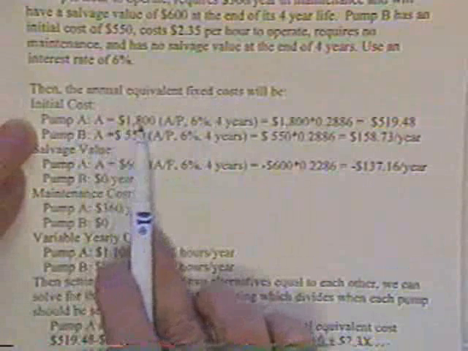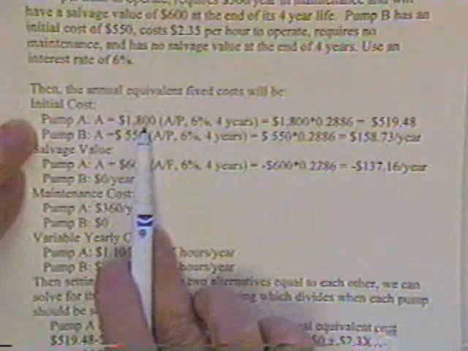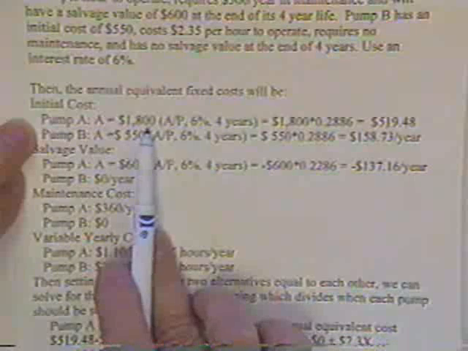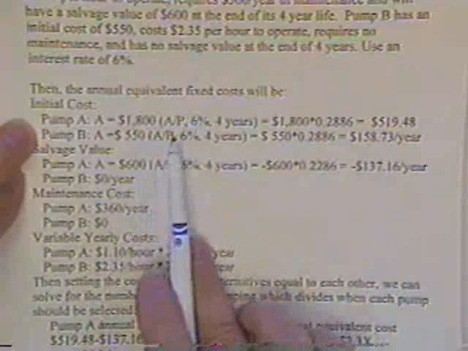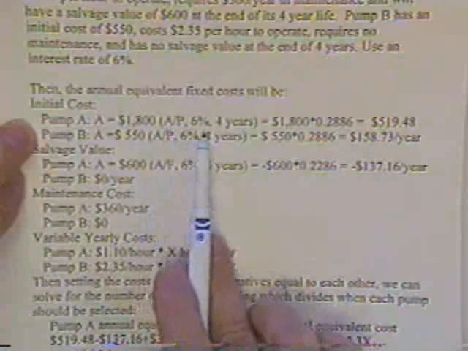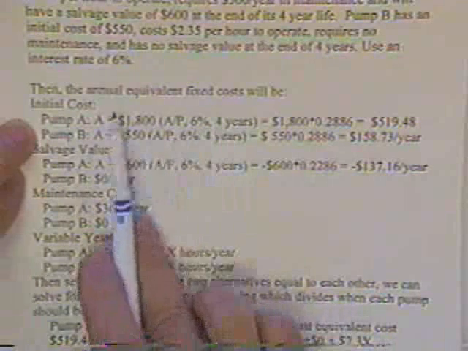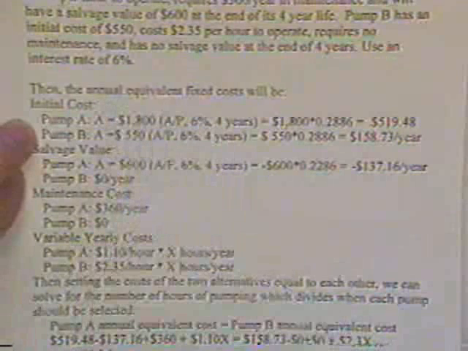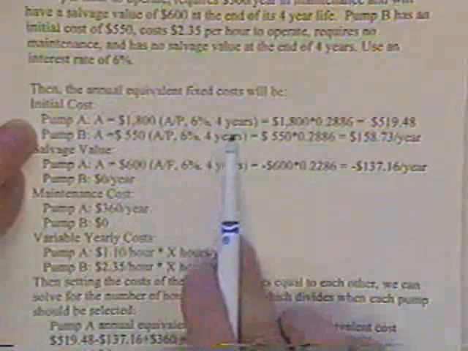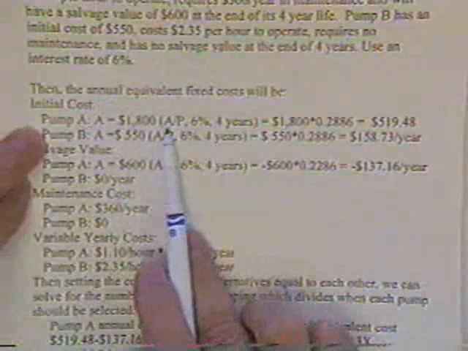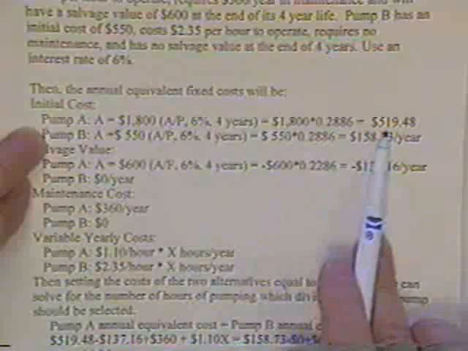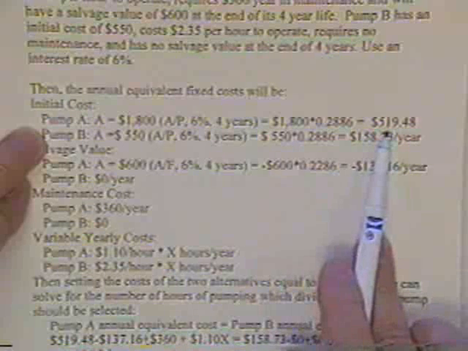Pump A. Well, pump A costs you $1,800, and that's times A over P at 6% for 4 years. That says the annual equivalent fixed cost, like an annuity, would be $519 a year.